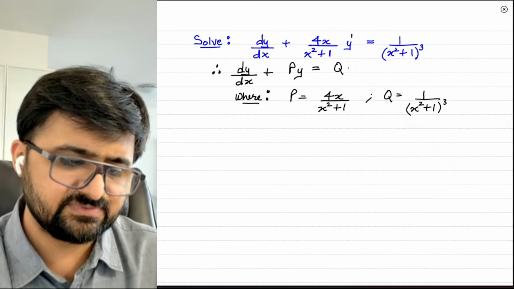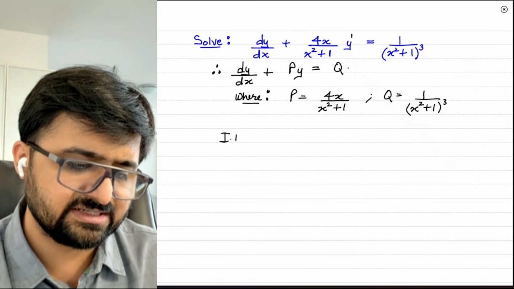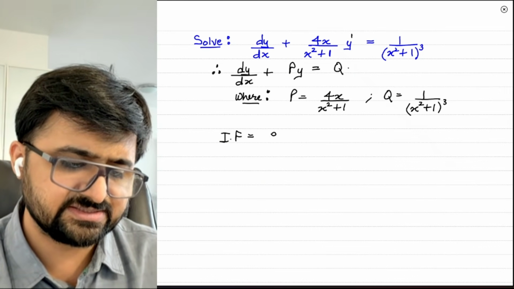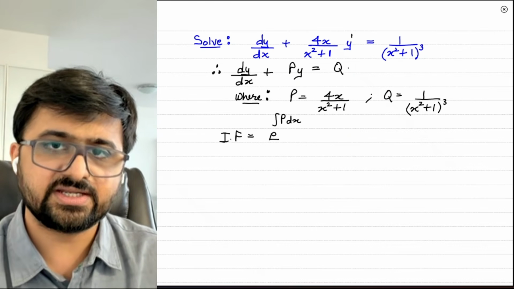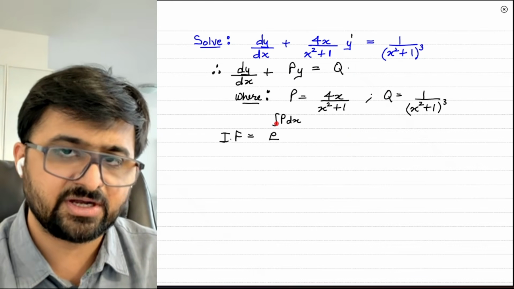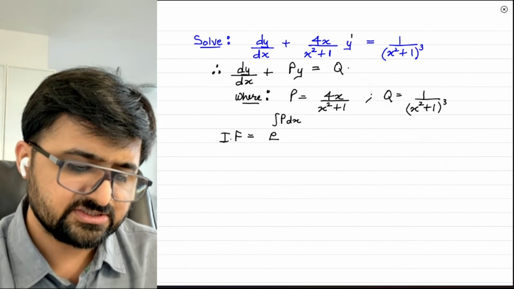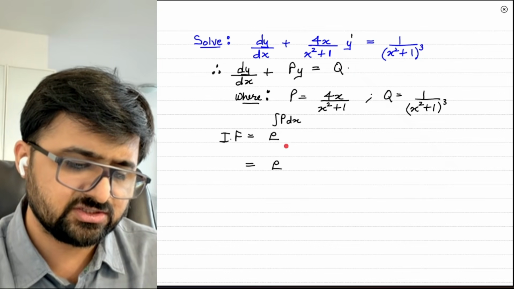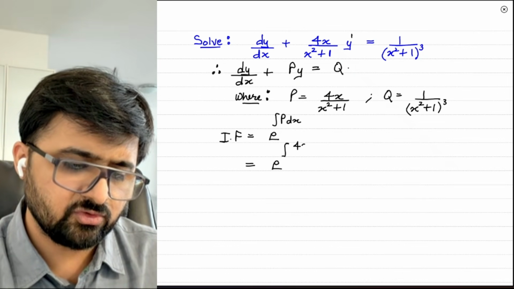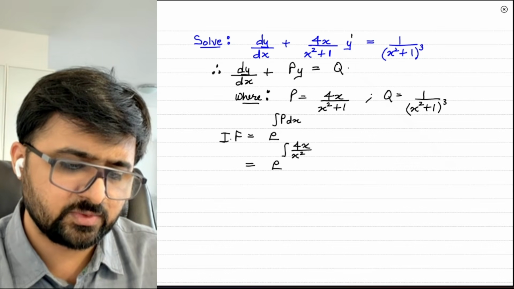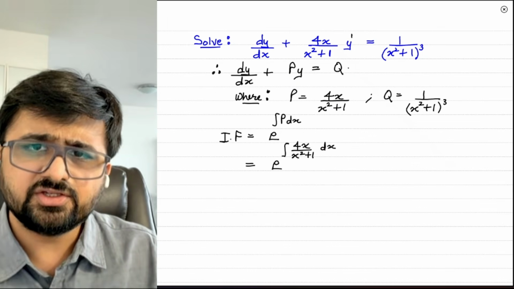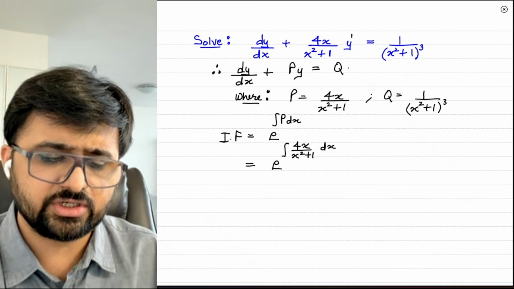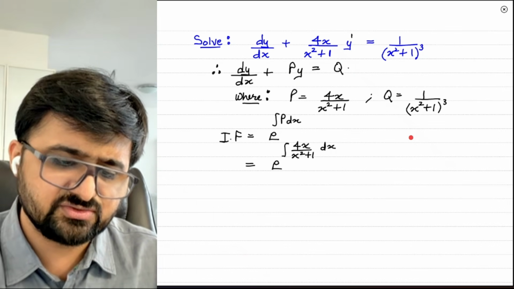In order to solve this, we find something called the integrating factor. Integrating factor is e to the power integration of p dx. So integrate p with respect to x in the power of that exponential, which is how you get e to the power integration of 4x upon x square plus 1. You can either do the method of substitution here in order to integrate this, or we can just use the standard result.